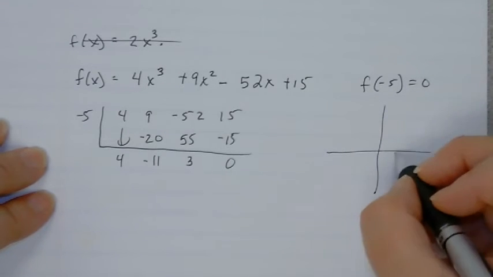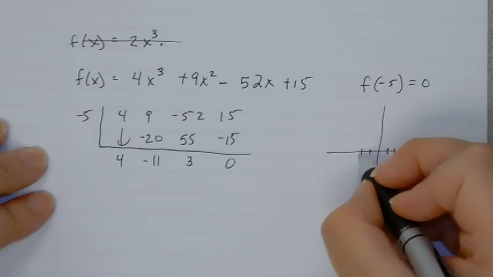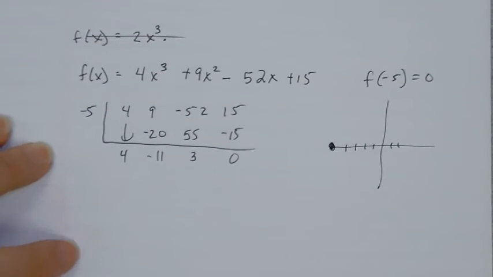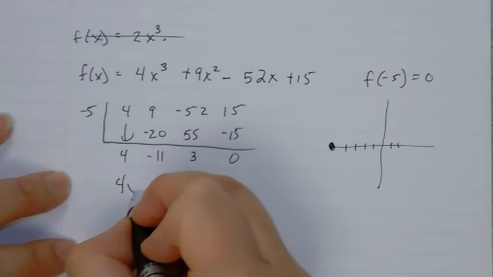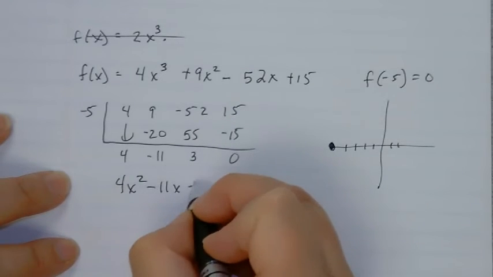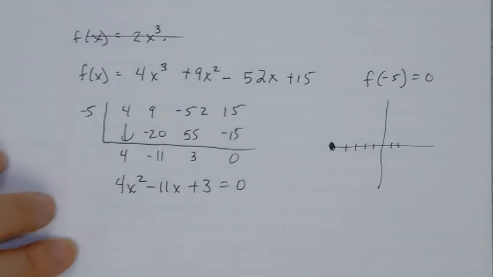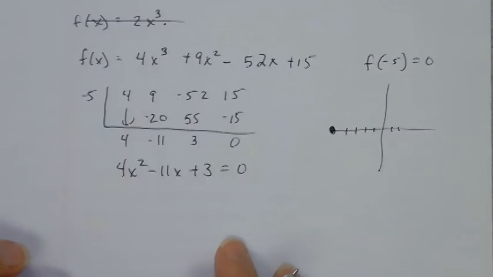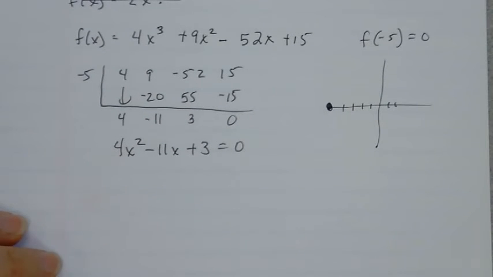That means if I graph it over here at -5, there should be a point. It goes through that point. So what's left is 4x squared minus 11x plus 3. So I could spend some time and take a look at this, but what I notice about this one is it doesn't factor.